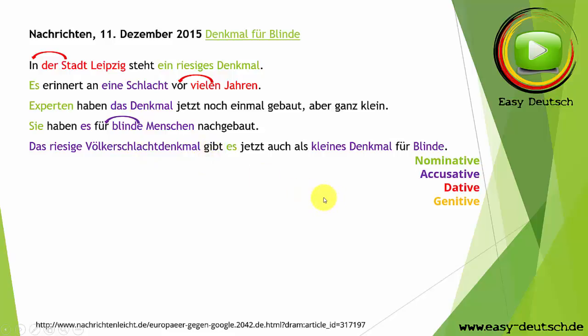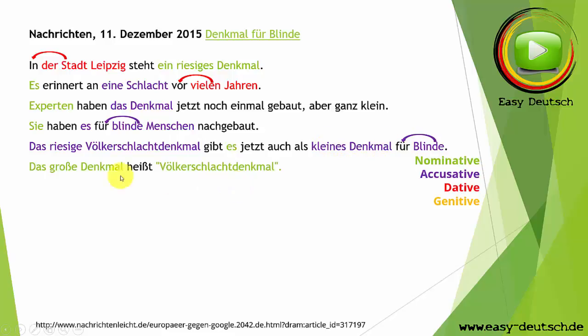So it's also the direct object, and for that it's accusative case, because with both words we talk about the new smaller memorial, and that's why both are the direct object, both get acted upon by the verb. And blinde, that's accusative case due to the preposition für, a bit easier than that one.